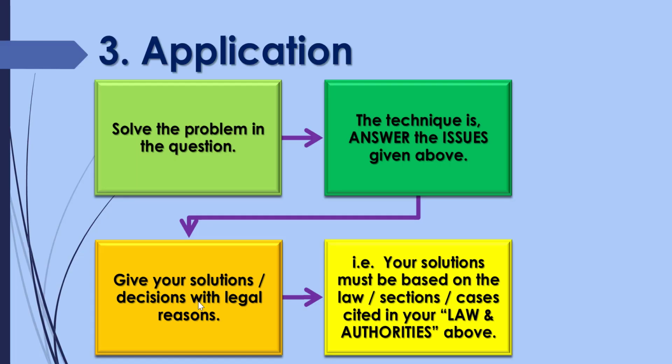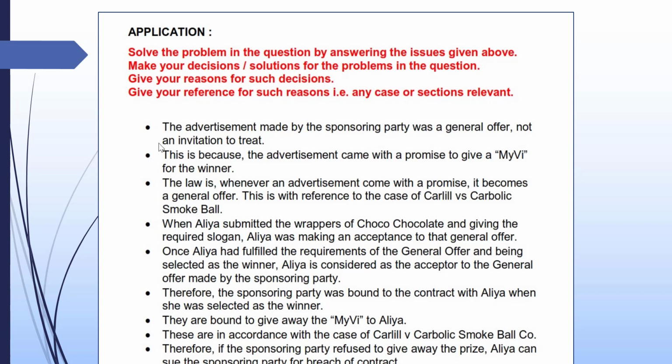So now, for the application, you answer the issues step by step. So this is the example of answering or making the application. The advertisement made by the sponsoring party was a general offer, not an invitation to trade. So this is your decision. This is your judgment or your solutions.